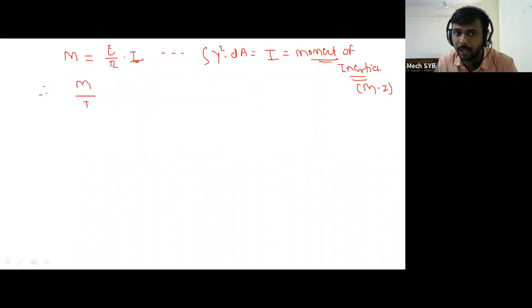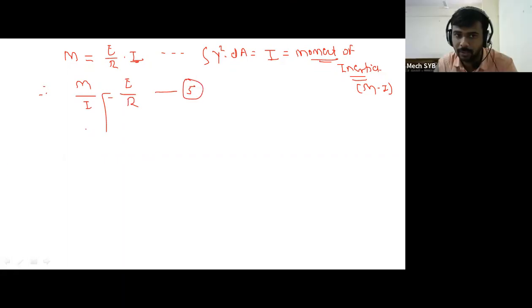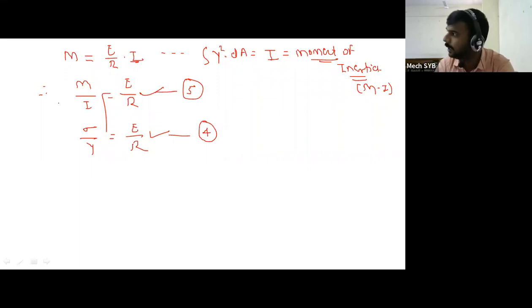M upon I is equal to E upon R. This is the equation number 5. And what is our equation number 4? Sigma upon y is equal to E upon R. Equation number 4. कुठल्या साइड सेम आहेत? राइट हँड साइड. इकडे पण E upon R आहे आणि इकडे पण E upon R आहे. जर ह्या राइट हँड साइड जर सेम असतील तर तुमच्या लेफ्ट हँड साइड पण काय होणार? सेम होणार.